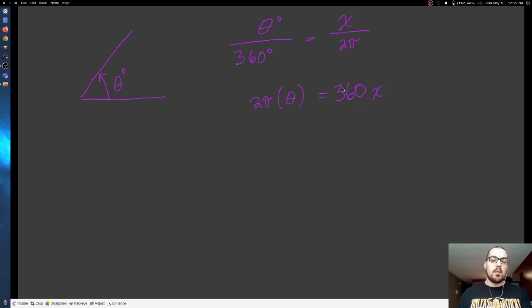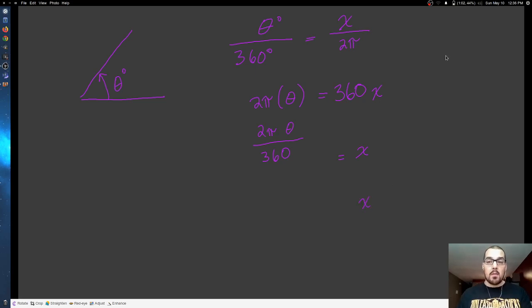Then I divide by 360 every time, and I would have x is equal to 2 pi times theta over 360. We can simplify this fraction a bit.